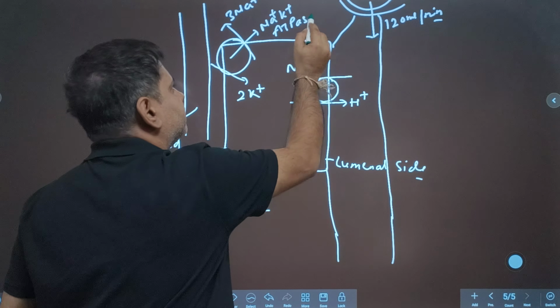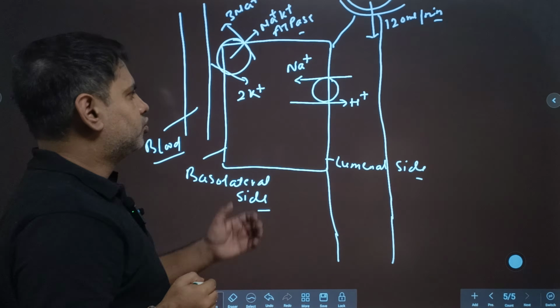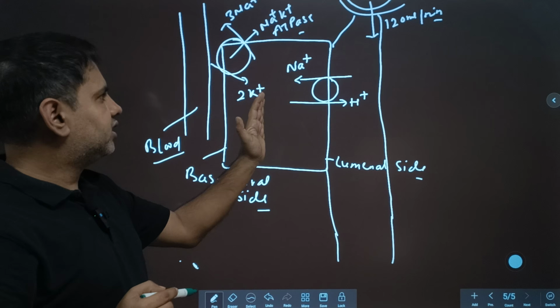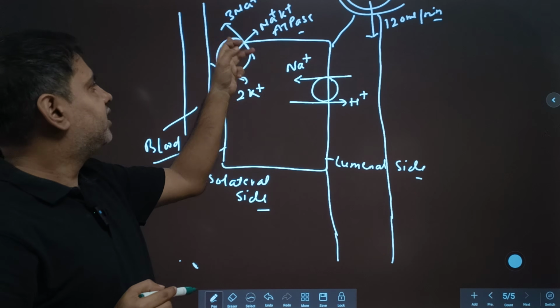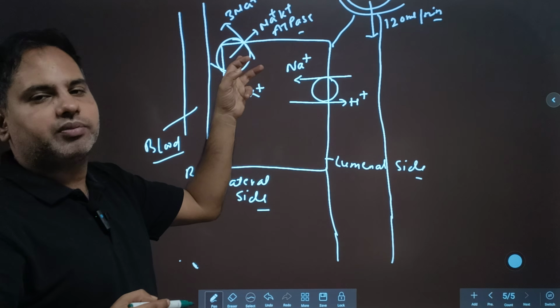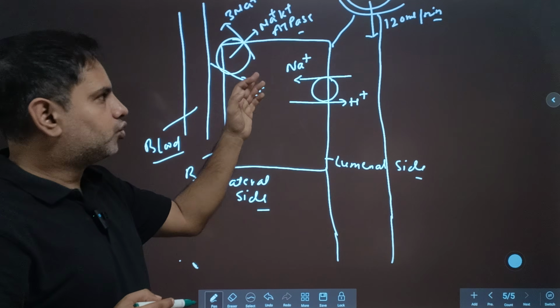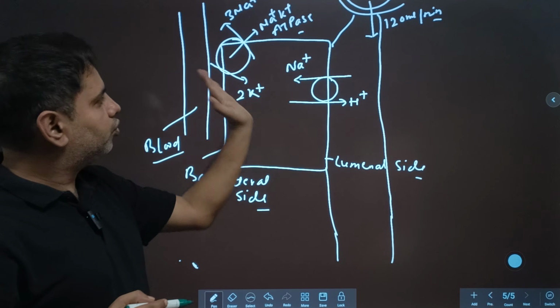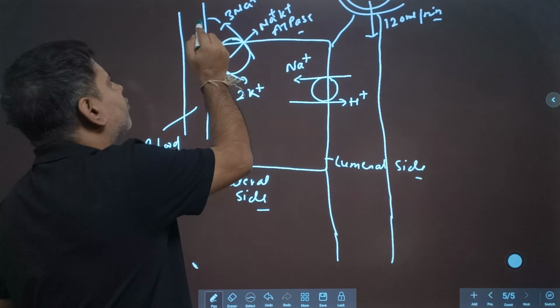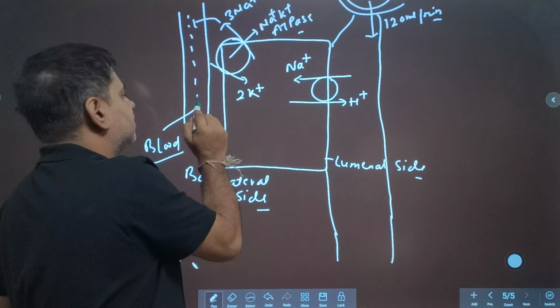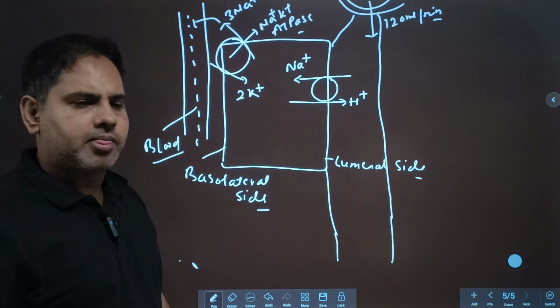ATPase is the enzyme which will help during this movement. So whatever sodium enters is moved out of the cells with this pump. 3 sodium will go outside and 2 potassium will come inside, right. So this sodium will go back to your systemic circulation.